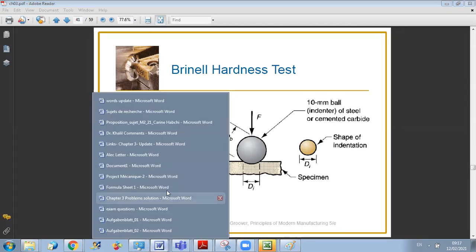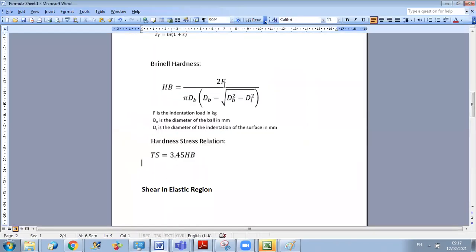Just please pay attention to units. You have particular units in this formula. In this formula, the force F is not in Newton, it's in kilogram. It corresponds to the mass of the ball you are putting on the specimen. So please pay attention. A lot of students make this mistake.